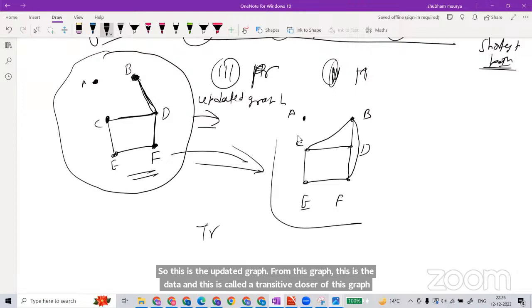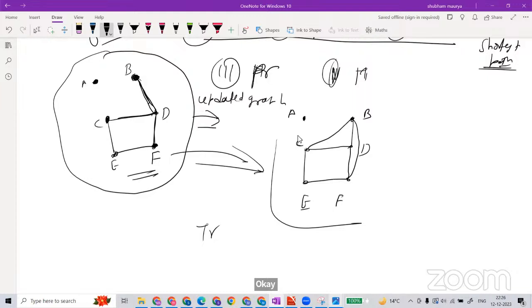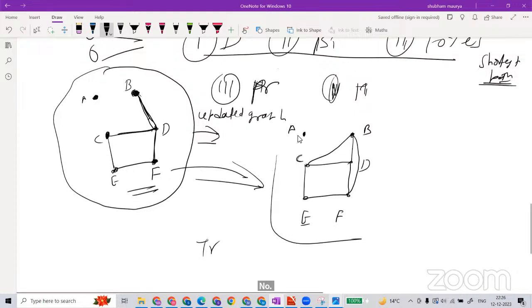A little doubt: while drawing Prim's and Dijkstra's algorithm, the cycle should not be present? No. Prim's and Kruskal's are not for the shortest path, so a negative weight cycle is allowed.